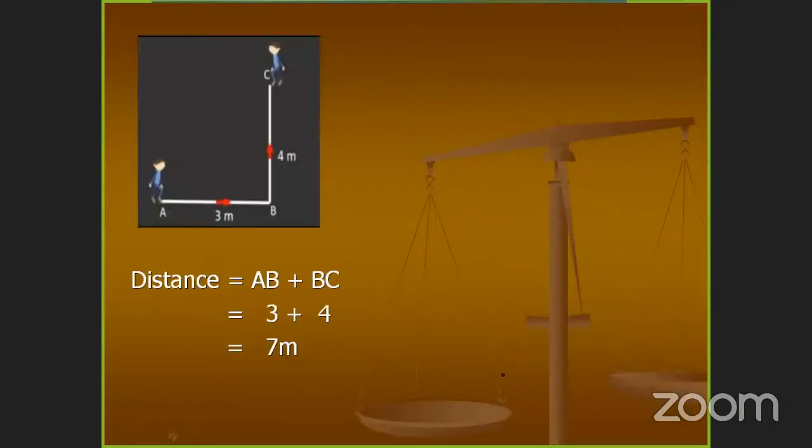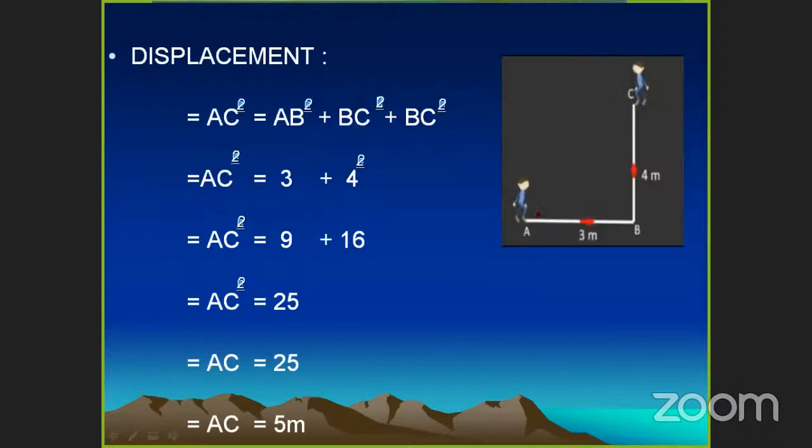See here, the boy goes from A to C. The shortest distance between the initial and final point of the boy is called displacement. That means it has some magnitude and direction. Direction means it is the northeast direction and it has some magnitude. So that's why displacement is a vector quantity.